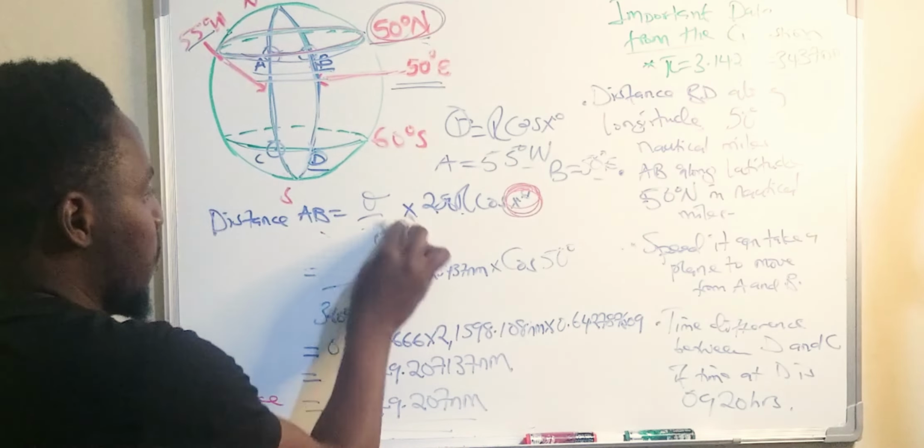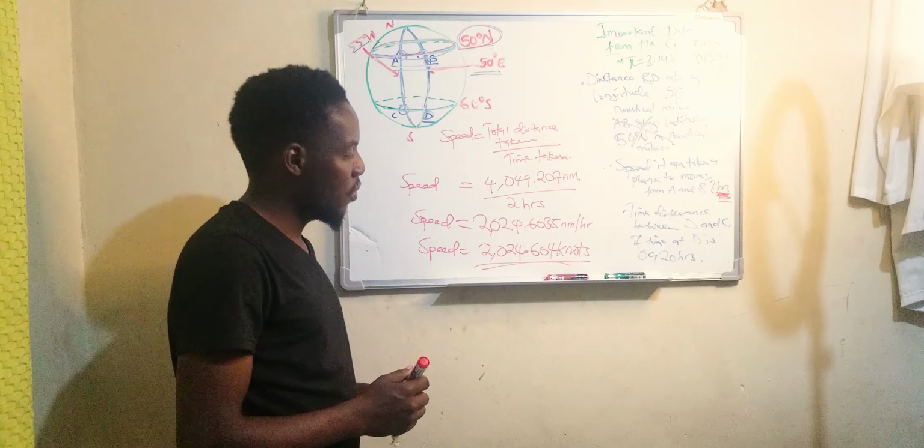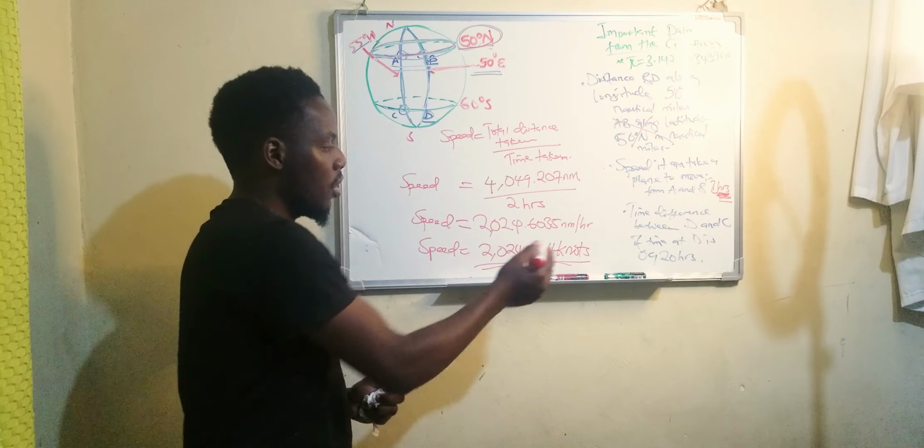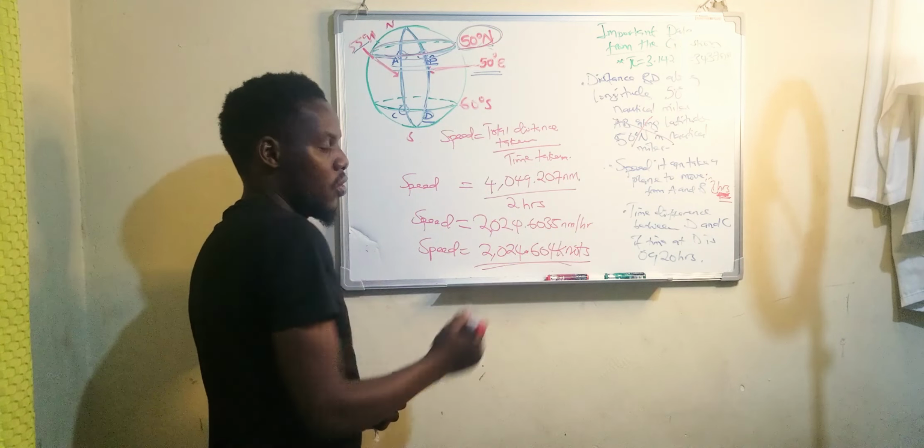But since we have already calculated it, we'll just get that value, which was 4,149.2. When you do your calculations properly after plugging in the values, you should get 2024.604 nautical miles per hour, or knots, because I remember saying nautical miles per hour is the same as knots.